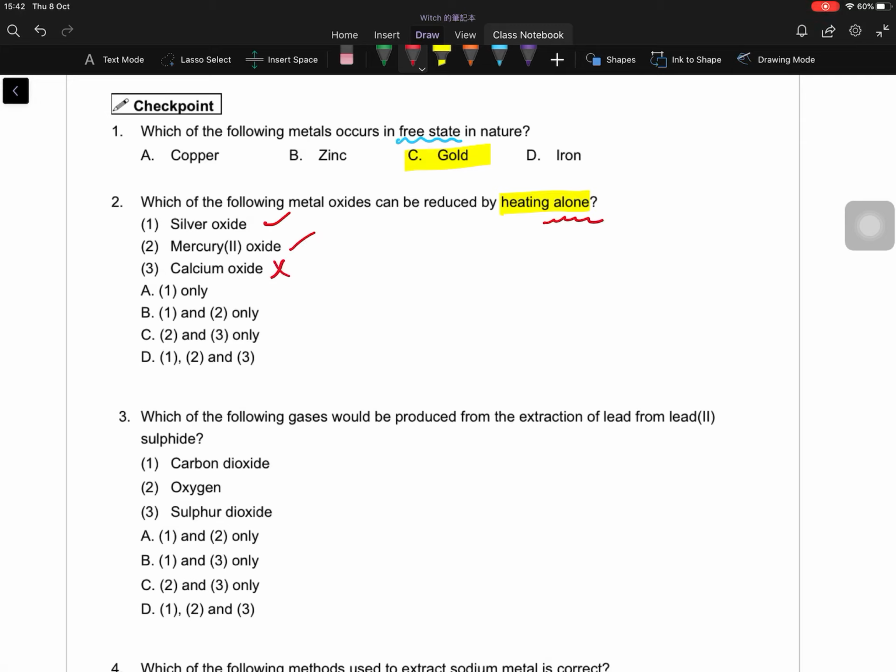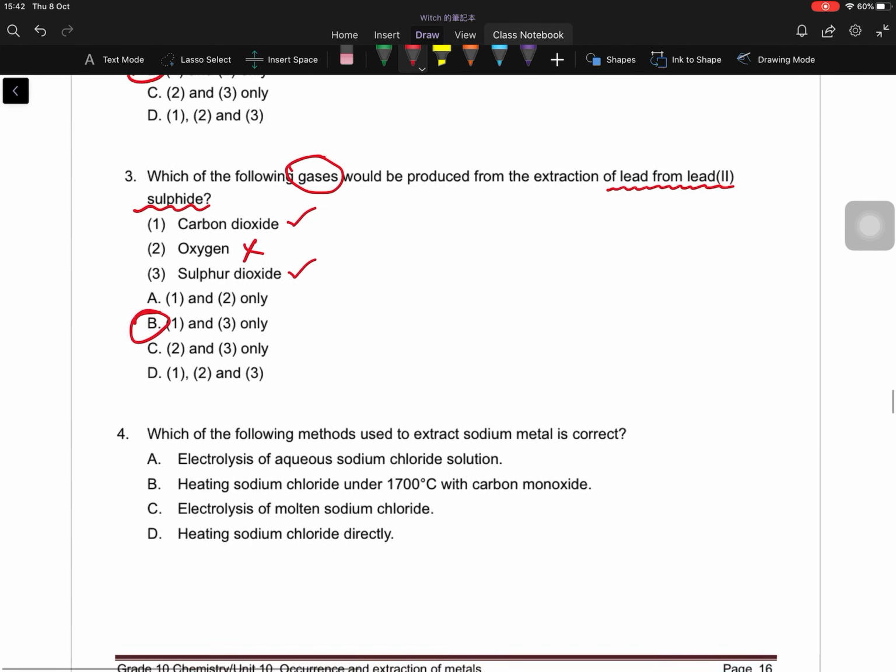This is silver, mercury, calcium, no, so the answer is B. Third, the following gas is produced from lead sulfide, right? Carbon dioxide, yes. In case you use carbon or carbon monoxide for extraction, carbon dioxide will form. Oxygen, no. Sulfur dioxide, yes. So the answer is B.